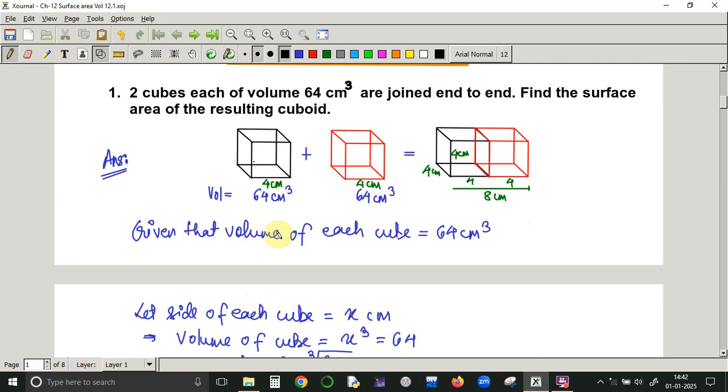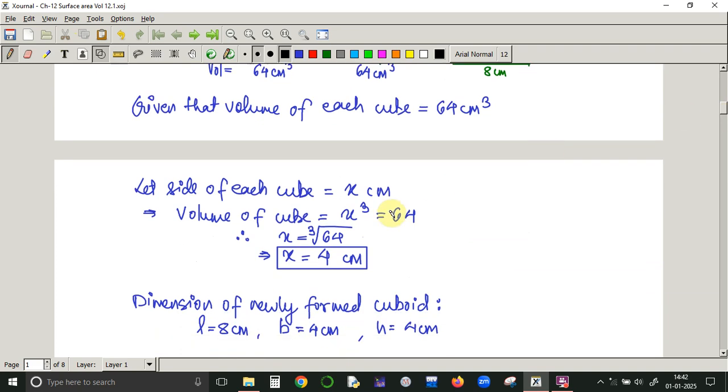Okay, so given that the volume of each cube is 64 centimeter cube, and we know that the volume of a cube is side into side into side.